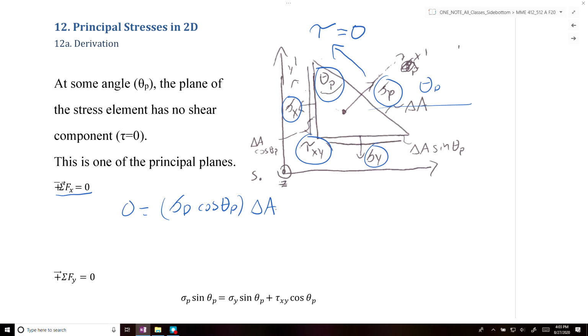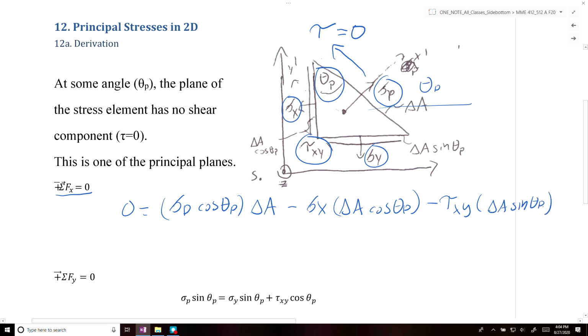Then we have minus sigma x times delta A cosine theta p, and minus tau xy times delta A sine theta p.